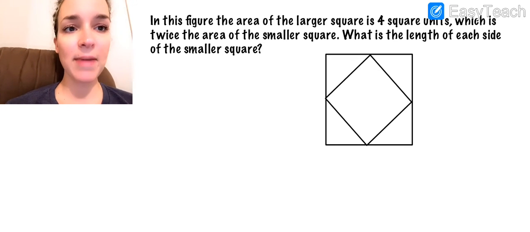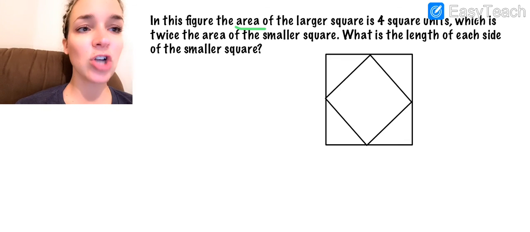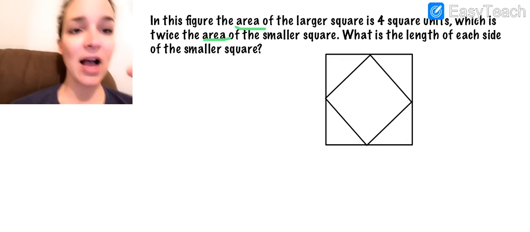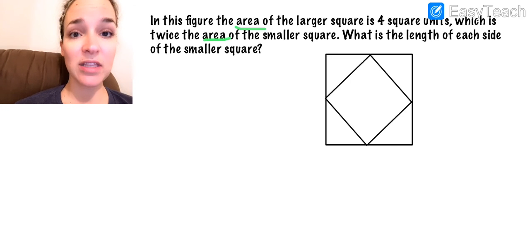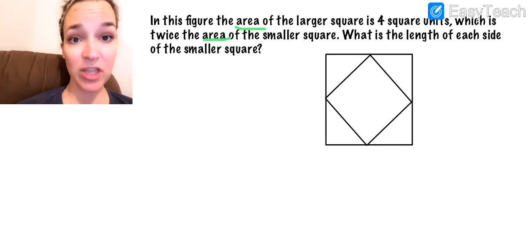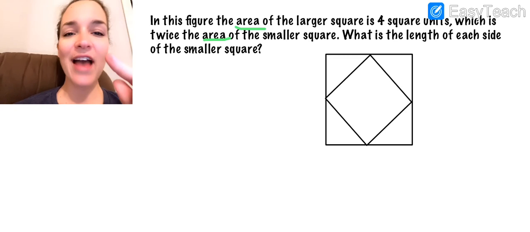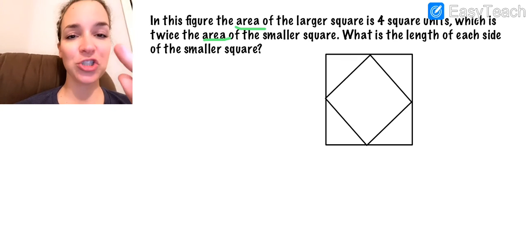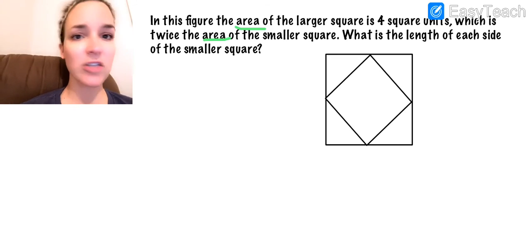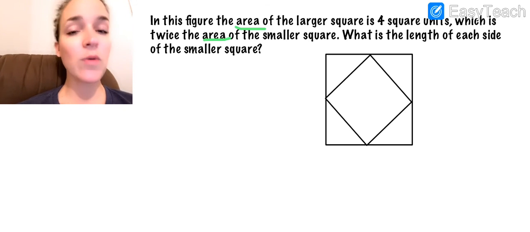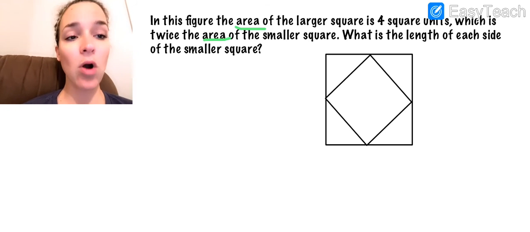I want you to really pay attention here to the fact that we are talking about area. It refers to area twice. The relationship that these squares have with each other is based on the area. So that asks the question, how do we find area of a square? First, what do we know about a square? We know all 4 sides are the same.